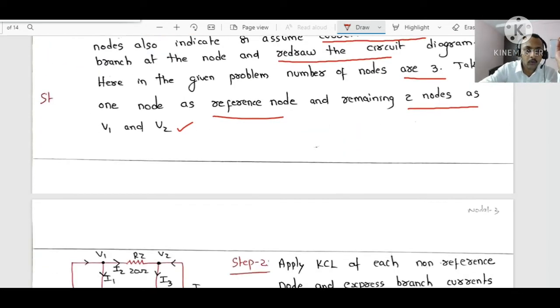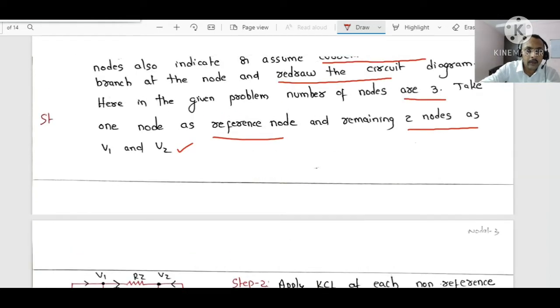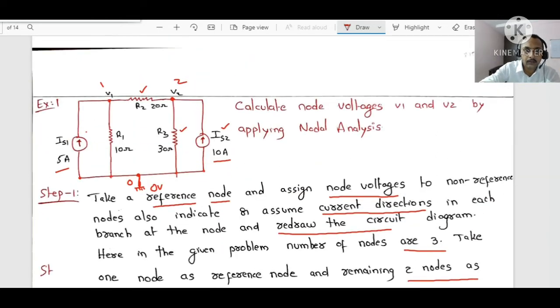The examiner who evaluates your paper, on looking at the first step itself, will get impressed. It's not a rule that you will get full marks only if you get the final answer. While doing such kind of problems, for the procedure itself, you will have marks, whether the student has followed the procedure or not, even though sometimes you may not get the exact right answers.